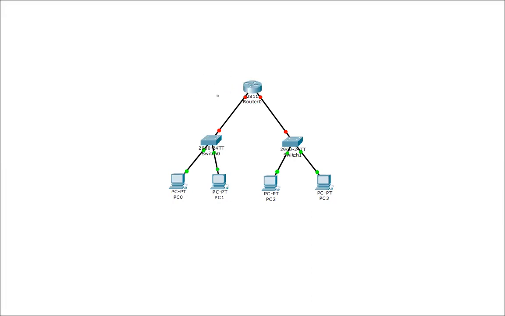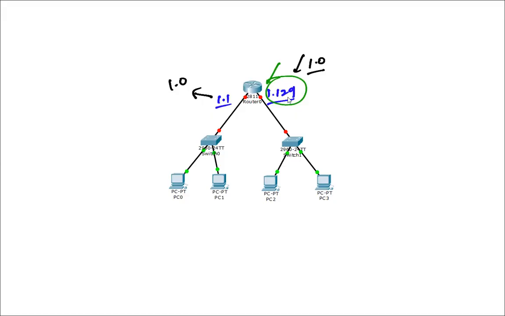When I tried the 1.1 IP on this interface, and then the 1.129 IP address on this interface, it told us it's not accepting the IP address. Why? Because we already gave an IP address which belongs to the 1.0 network. When you try to give 1.129, which also belongs to the 1.0 network, the router didn't accept the IP address. It told us it's overlapping.